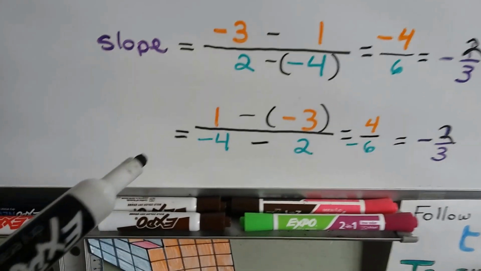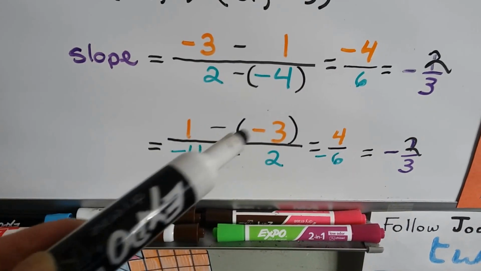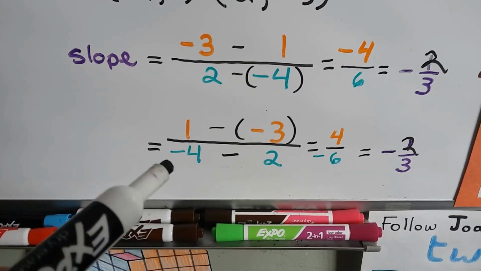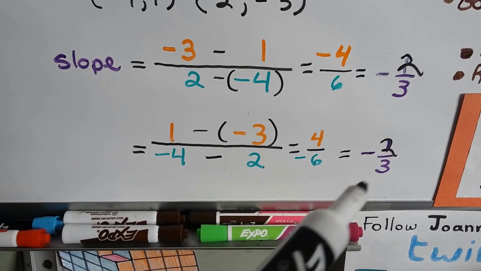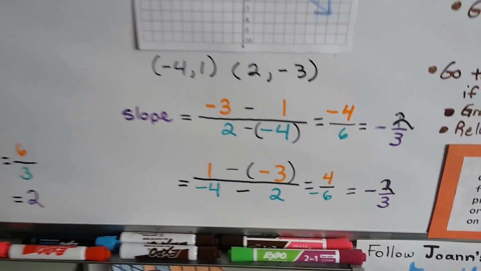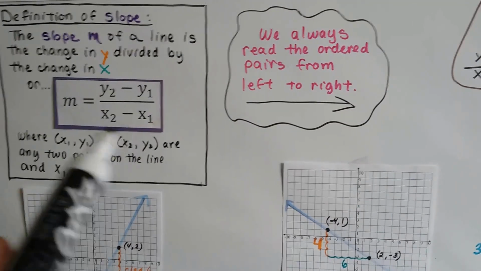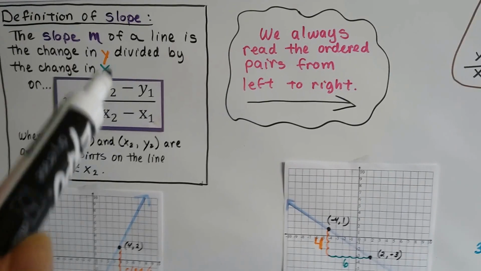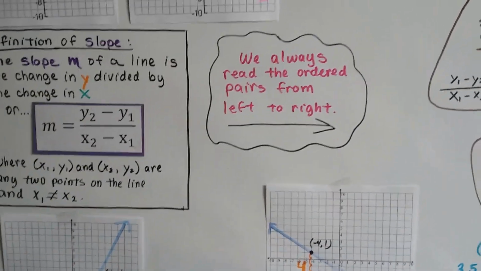If we do the other way around, we get a 1 minus a -3, see? And a -4 minus 2. That still gives us a -4 over 6, which is still a -2/3, see? So it doesn't matter what order you do the subtraction in, as long as they're both starting with the 2 or they're both starting with the 1, okay?